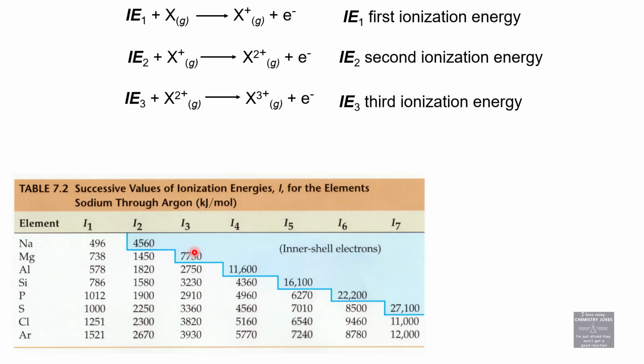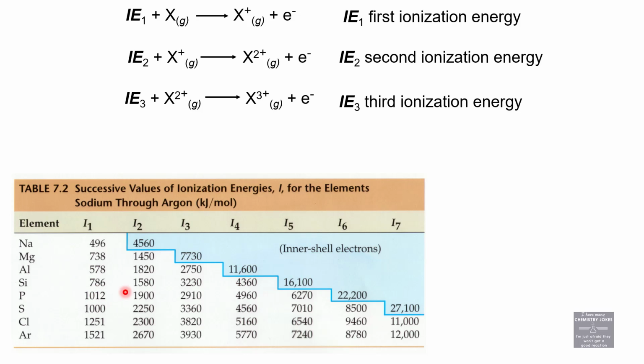500, 2,000, 3,000, 11,600. What this is telling me is there's something different about these electrons in the blue box. There's always a significant jump, a significant increase between the ionization energy in the white area versus the ionization energy in the blue area. That's because the blue area are the inner shell core electrons.